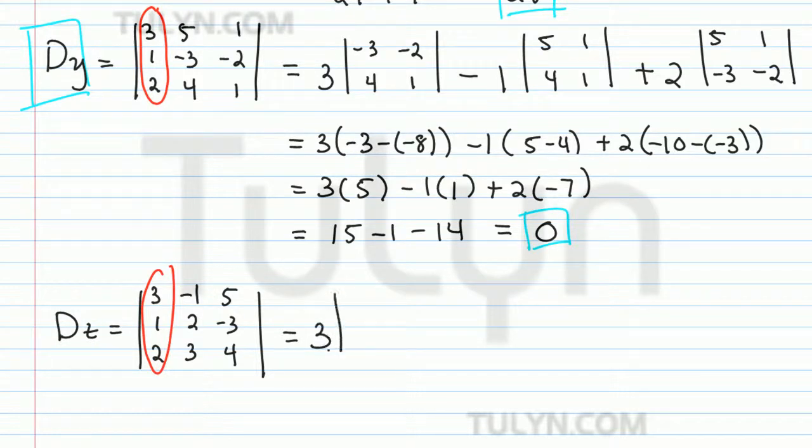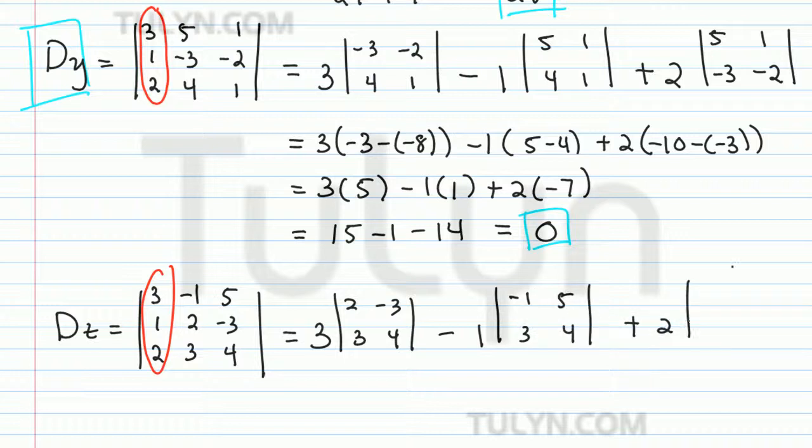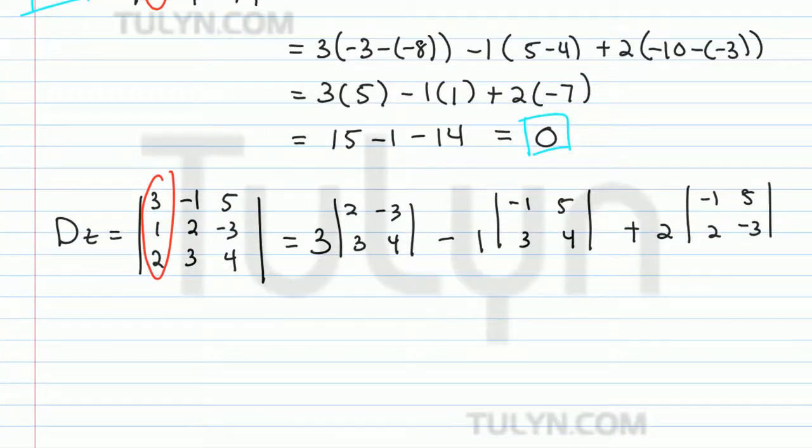So we have 3 times its minor, 2, 3, negative 3, 4, minus 1 times its minor, 1, 3, 4, and then 2 and its minor. So simplifying, this becomes 3 times 8 minus negative 9, minus 1 times negative 4 minus 15.